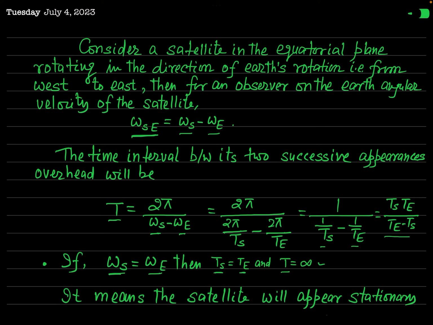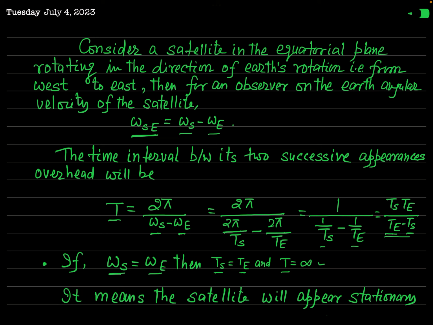Okay, and that's why we say that such a satellite whose angular velocity is equal to the angular velocity of earth's rotation, or whose period of revolution Ts is equal to the time period of the earth's rotation, will appear always at rest to an observer standing on the surface of the earth in the equatorial plane, and such a satellite is called a geostationary satellite.